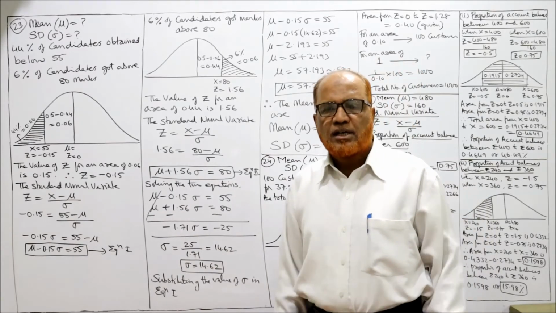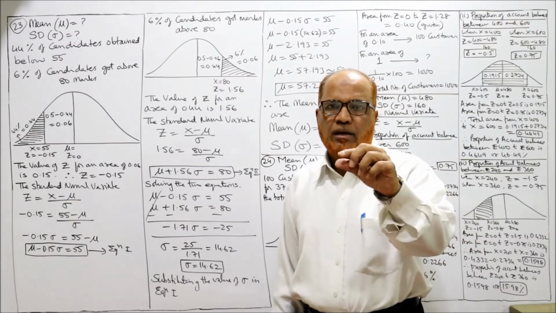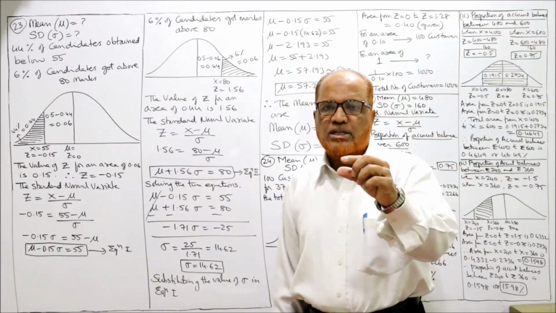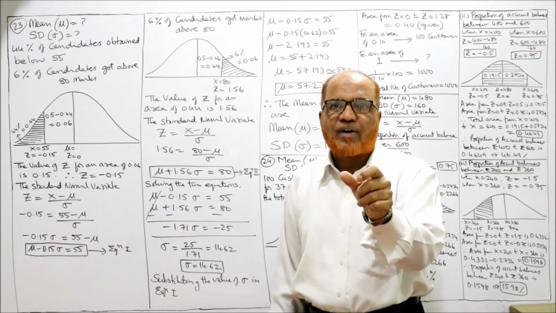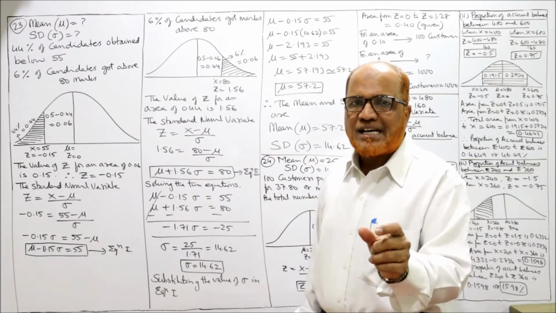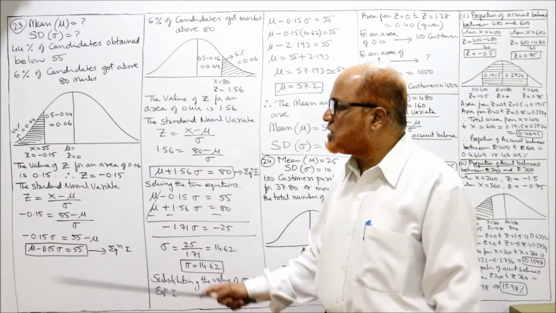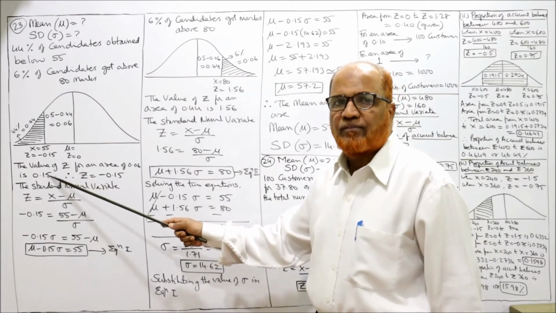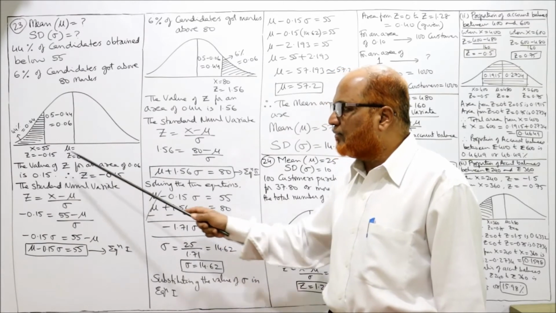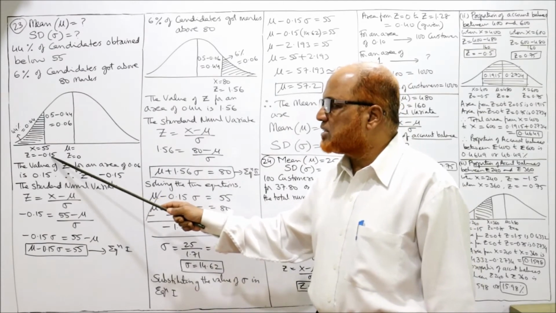You get it in row 0.1 under the column 5. Since it is located on the left side, we have to write minus 0.15. So the Z value is minus 0.15.